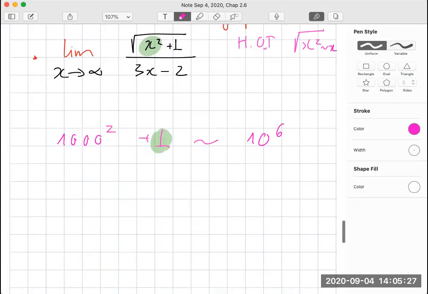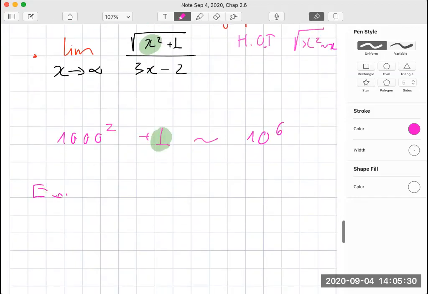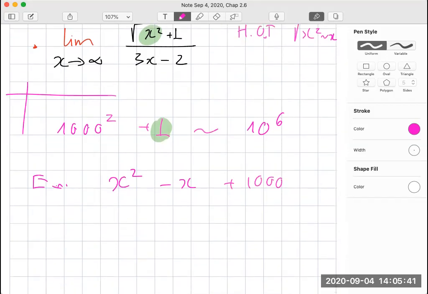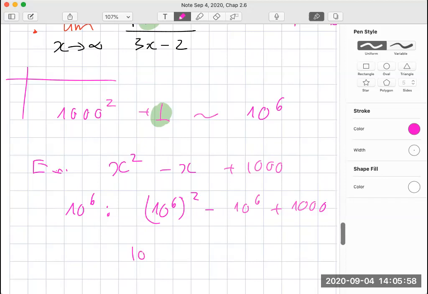Or for example, just a note. Let us look at x squared minus x plus 1,000. Then let us play with the number 10 to the 6. Then this becomes 10 to the 6 squared minus 10 to the 6 plus 1,000, right? It will be 10 to the 12 minus 10 to the 6 plus 1,000. So 10 to the 6 is big.